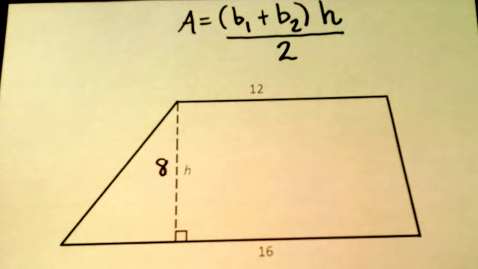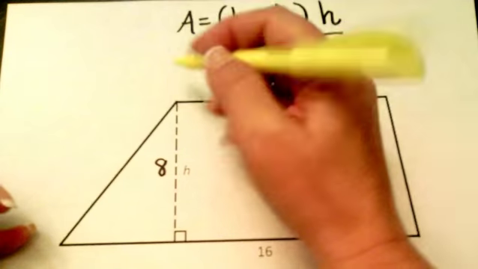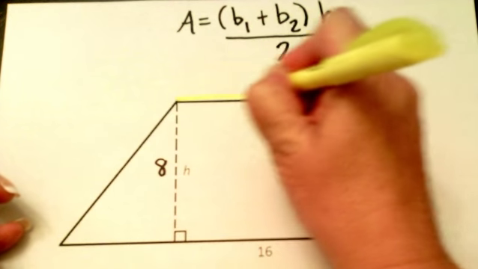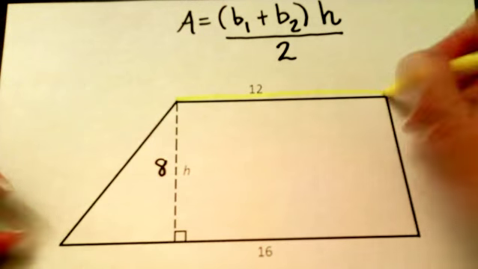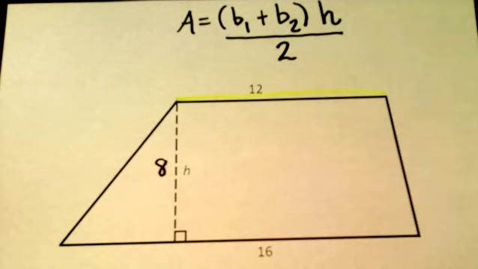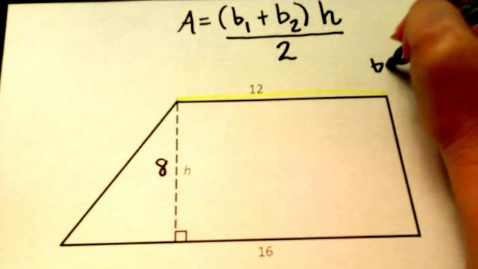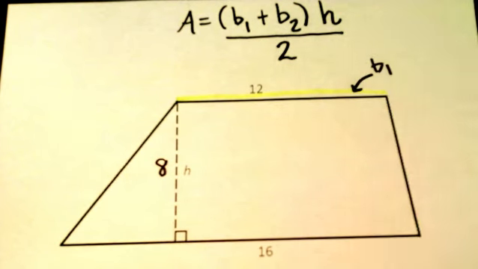Okay, so now let's take a look at this shape. The top right here, I'm going to go ahead and just highlight it, is my base 1. So I'm going to go ahead and label this just to make it easier when it's time to start plugging in our values into the formula.